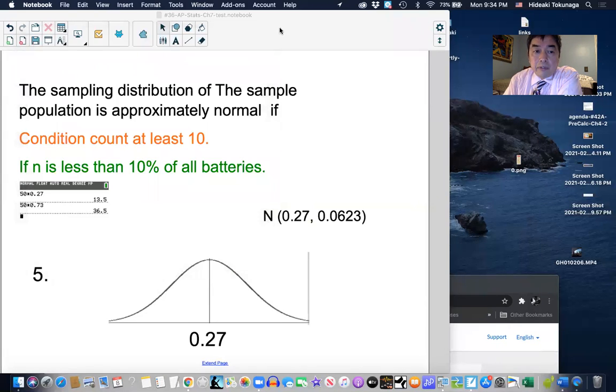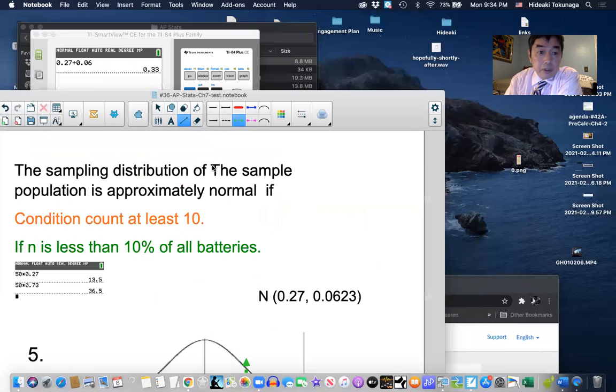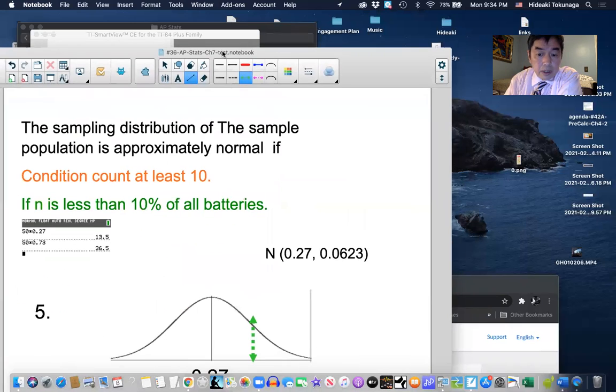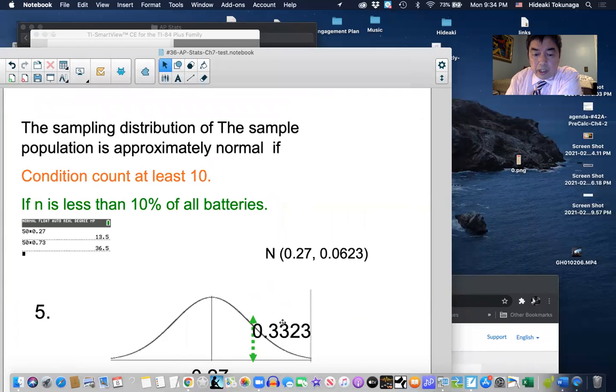One standard deviation above is 0.33. So if it's going to be here, put that dotted line, 0.33. It's going one standard deviation above.